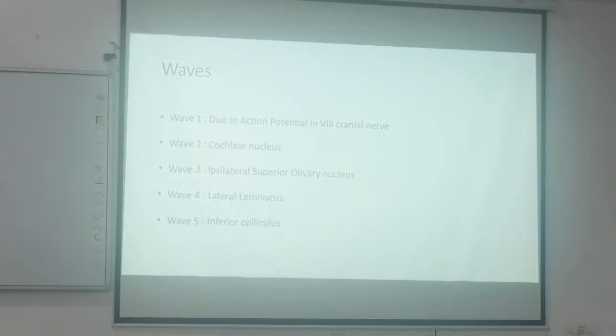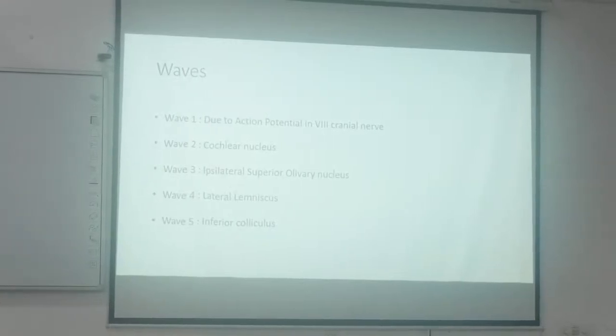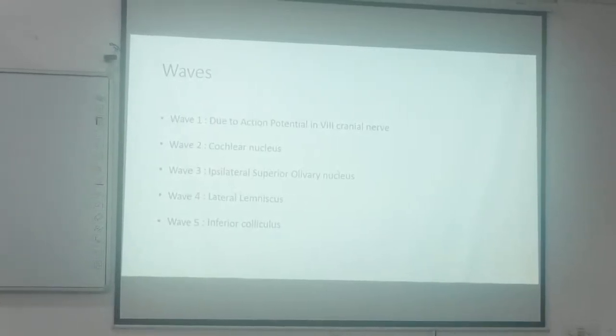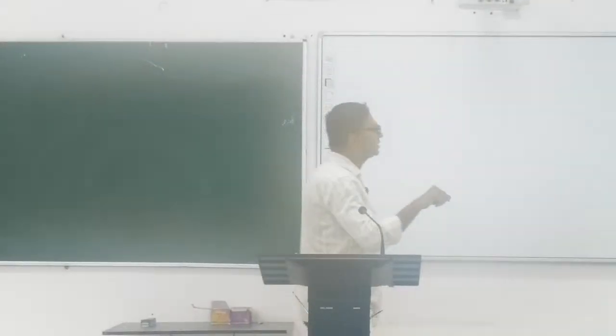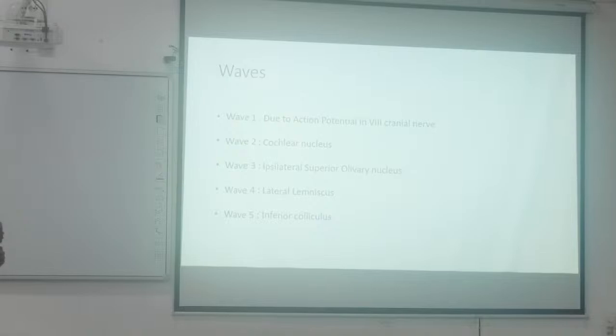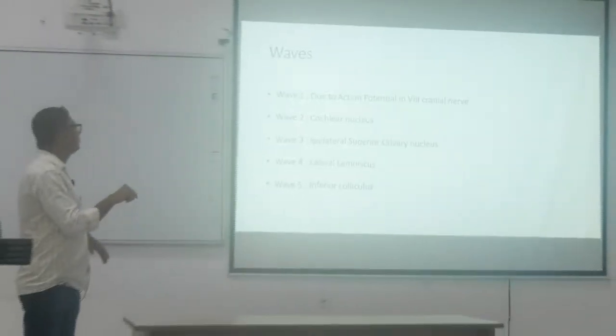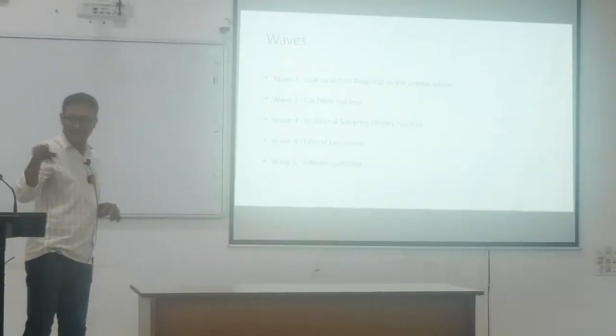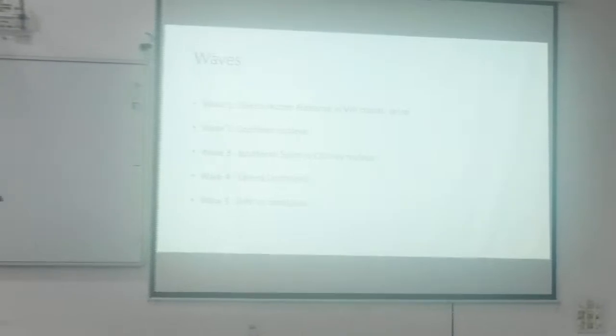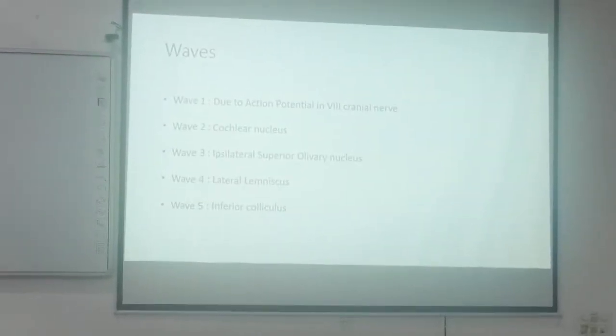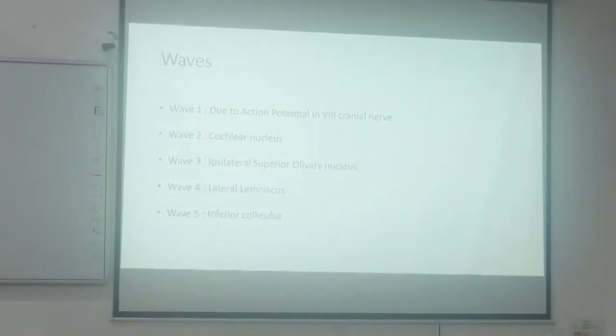You remember the auditory pathway goes through the olive, echo-lima. Wave 4 is lateral lemniscus, echo-lima, LL, and wave 5 is inferior colliculus.